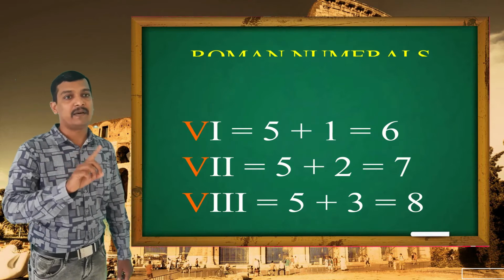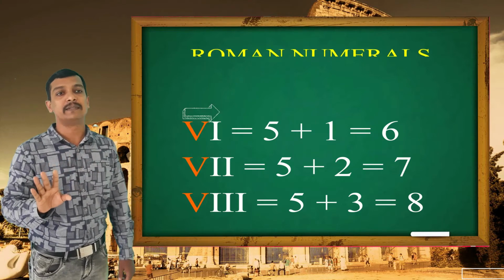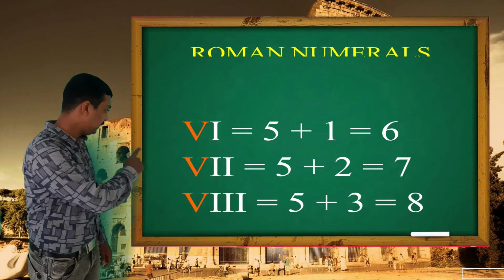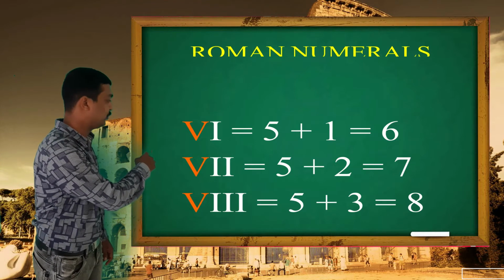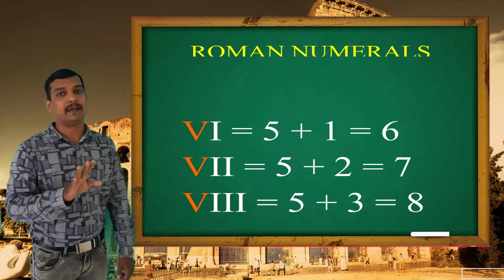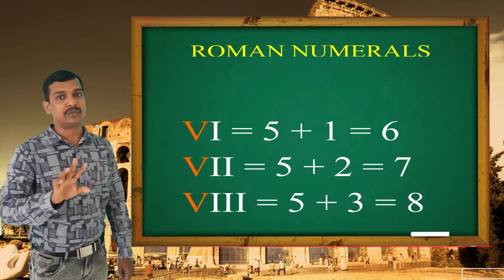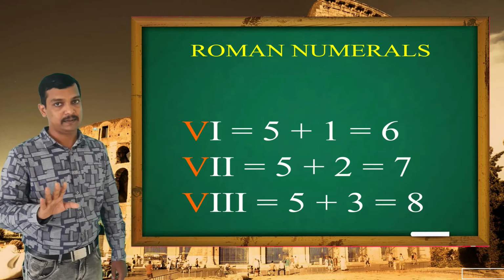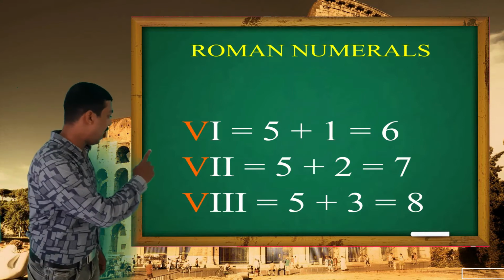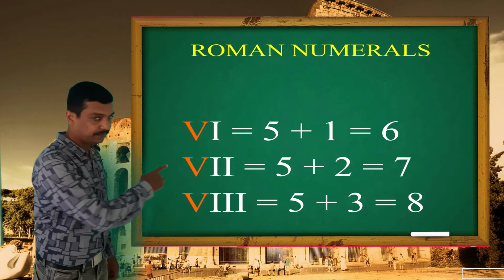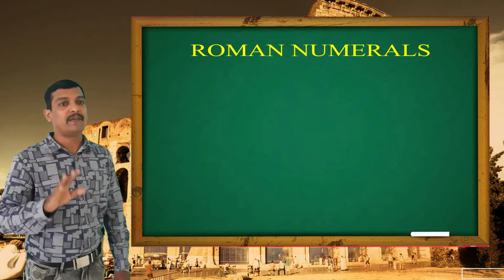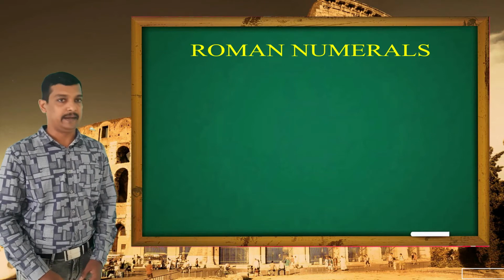VI becomes 5 plus 1 is equal to 6. In the same way, if you write V, then II to its right, V is a bigger number, 5, II means 2, then 5 plus 2 is equal to 7. In the same way, VIII means V 5, III means 3, 5 plus 3, it will become 8.